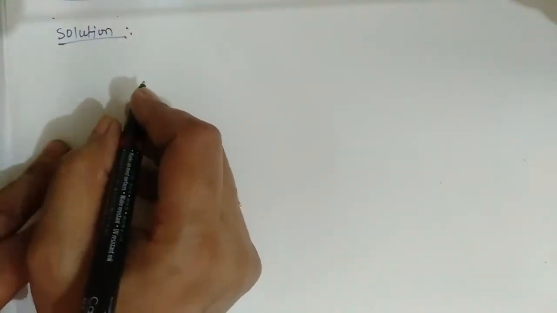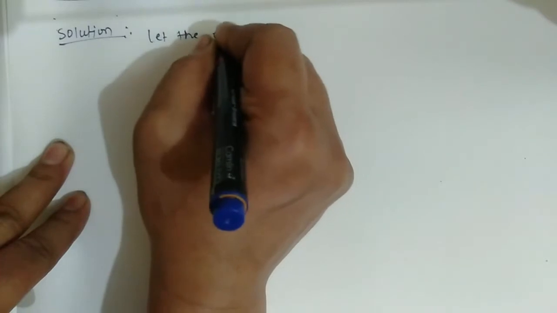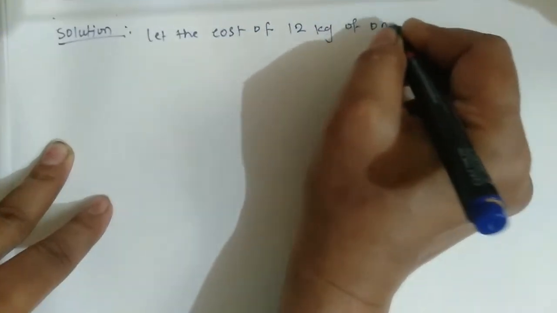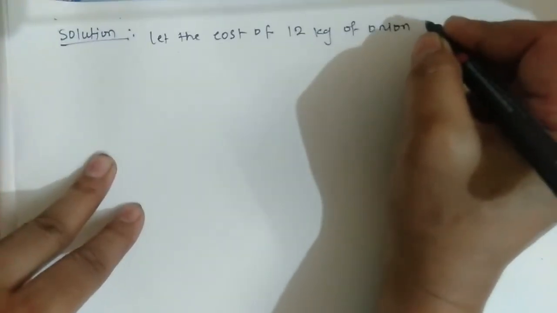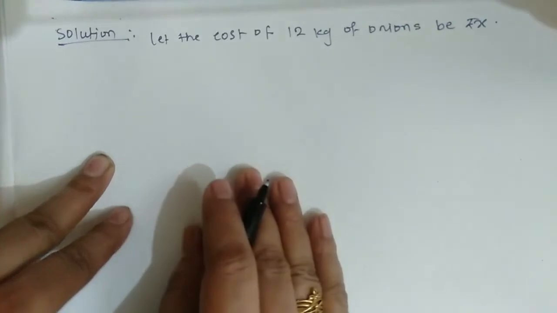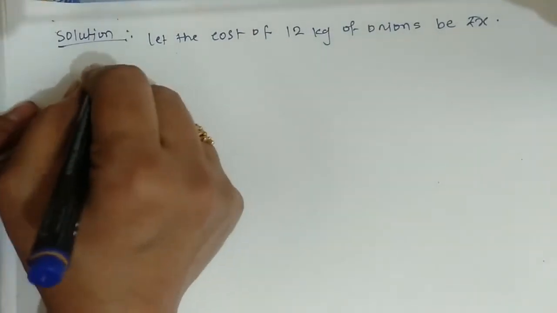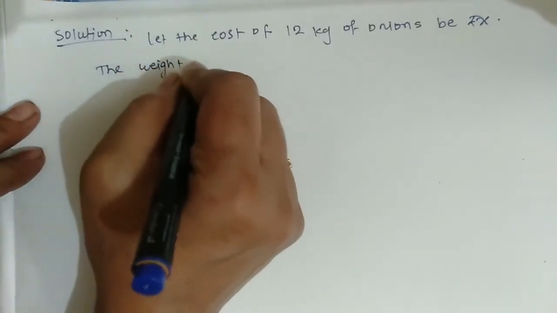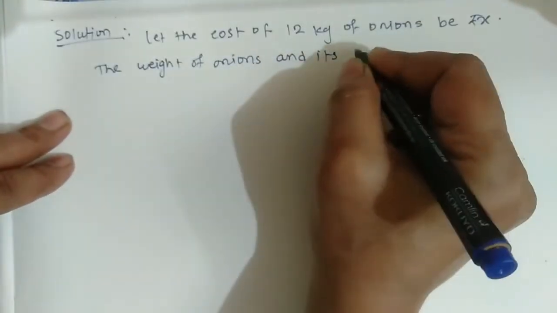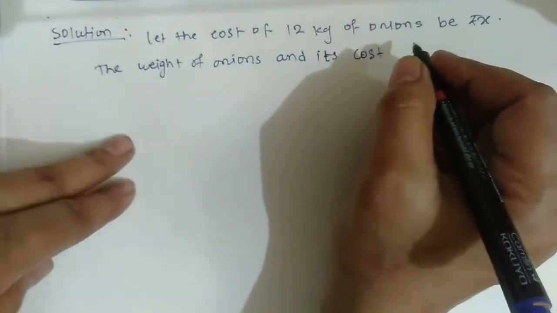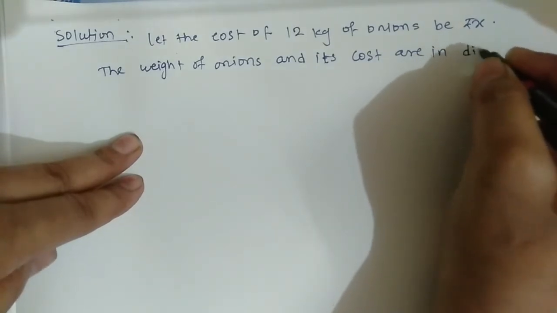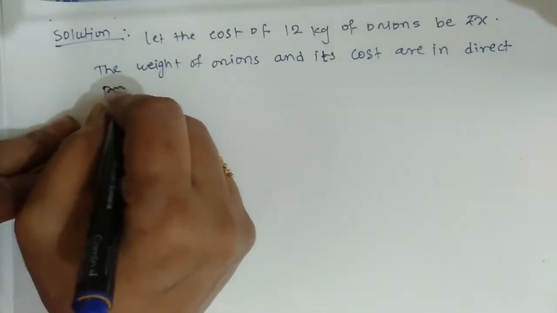See the solution. Let the cost of 12 kilo of onions be x rupees, and we know that the weight of onions and its cost are in direct proportion.